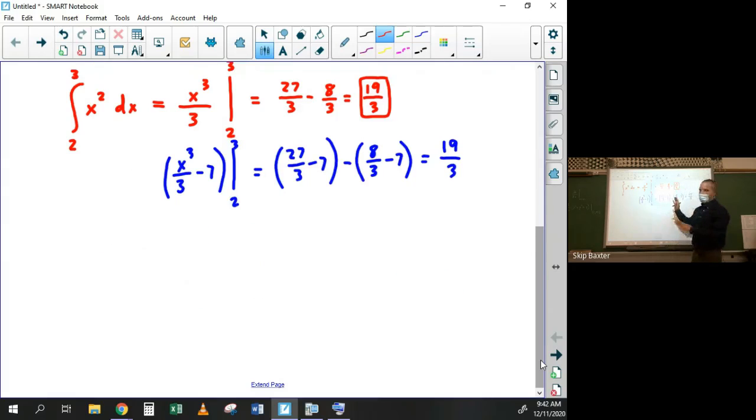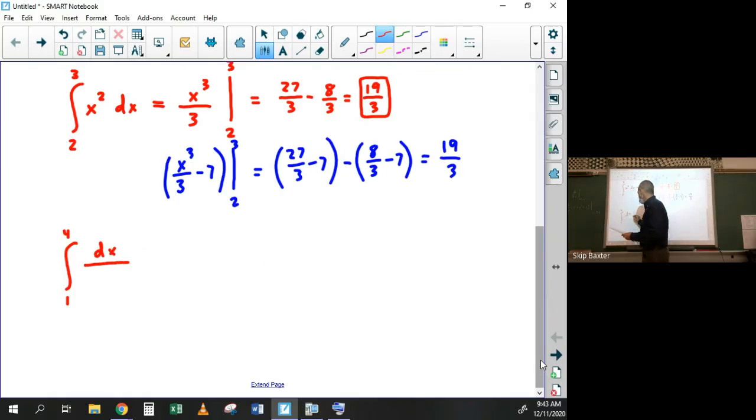Everybody clear with that process so far? So let's just do a few examples, and then I'll show you that your calculator actually does this for you also. So what if you have something like the integral from 1 to 4 of dx over the square root of 9x cubed.